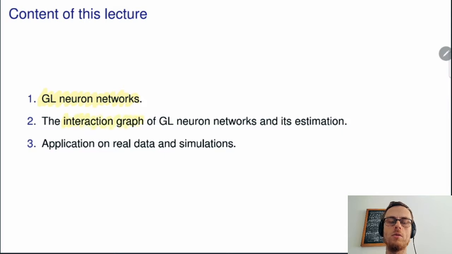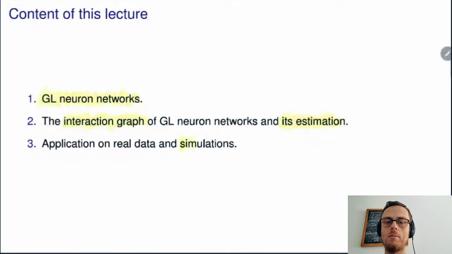The main focus of this lecture is to present a very simple estimator of this interaction graph and also to study a few statistical properties of this estimator. We will conclude by showing some simulations and also an application on a real data set to illustrate the performance of this simple estimator.